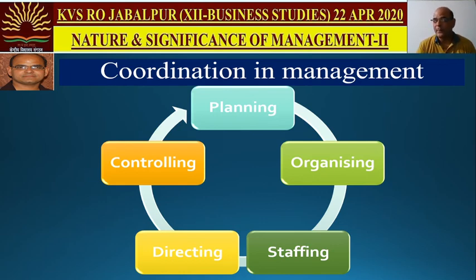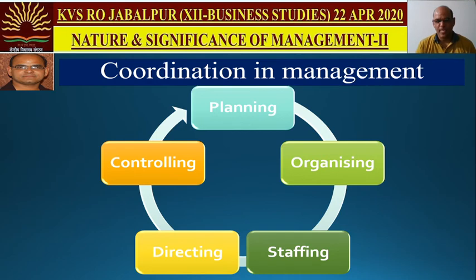Now, the production department says, sir, we have to work in coordination with the HR department. When they do not give us the appropriate workforce, how will we produce? And we have to work in coordination with finance also. Until they allocate appropriate finance, we cannot do the production. In this way, organizing is done in coordination with all the departments in any organization.